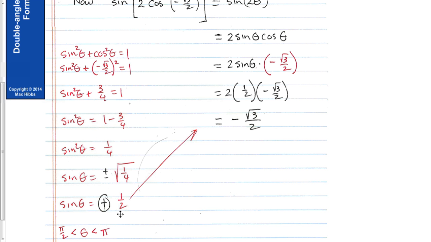And the square root of 1/4, of course, is 1/2. So now I've put that 1/2 value in the place of sine theta right here. And then it's just a matter of multiplying. Of course, 2 times 1/2 is 1, times negative square root of 3 over 2. And so our final result in this case is negative square root of 3 over 2.